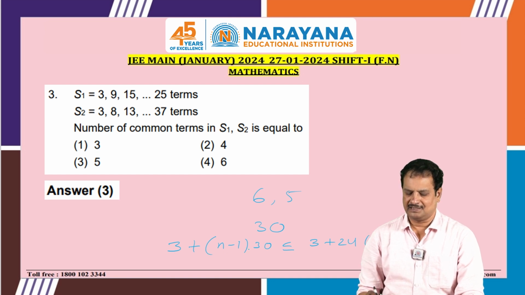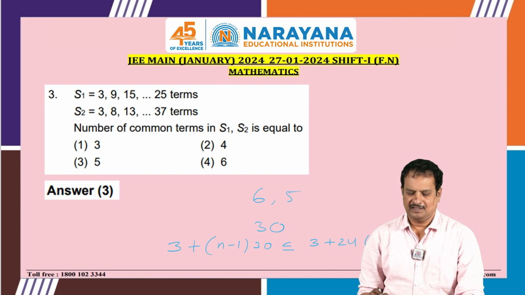When you simplify this one, you get the value of n as 5. Similarly, the same process can be followed for the second one also. The nth term of the common terms should not exceed the 37th term of the second series. So obviously n is the intersection of these two.